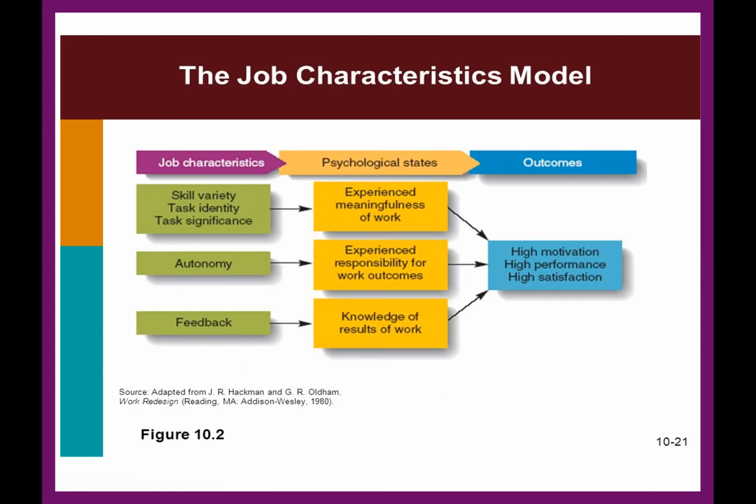For example, some jobs require the employees to have leadership skills, communication skills, technical skills, or conceptual strategic management skills in order to perform. And so this is a high level of skill variety.